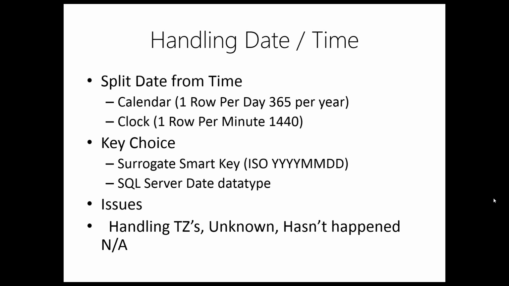Again, the key choice is going to be a surrogate smart key 9 times out of 10. Now, I don't necessarily always recommend a surrogate smart key for the clock, but that depends. You could also use the SQL Server date data type, though I don't see this getting a lot of traction, because it's harder to represent concepts like unknown, not applicable, hasn't happened yet, and things like that.